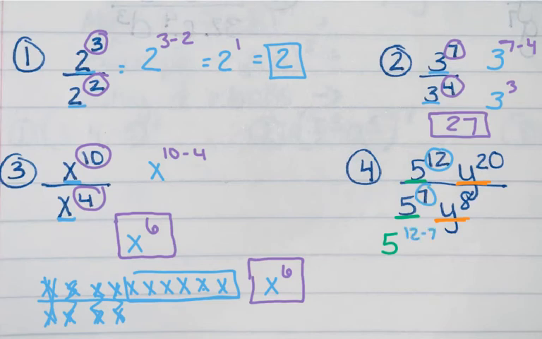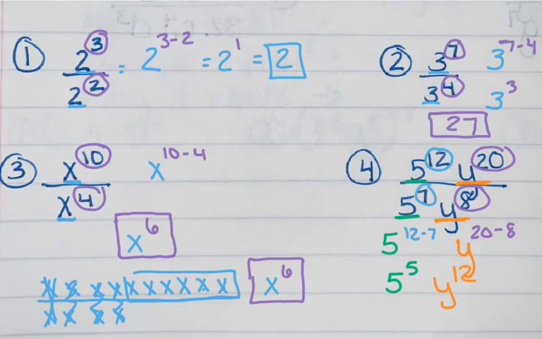And then y, I have exponents 20 and 8. So I'm going to get y to the 20 minus 8. So 12 minus 7 is 5, so I get 5 to the 5th. And then 20 minus 8 is 12.